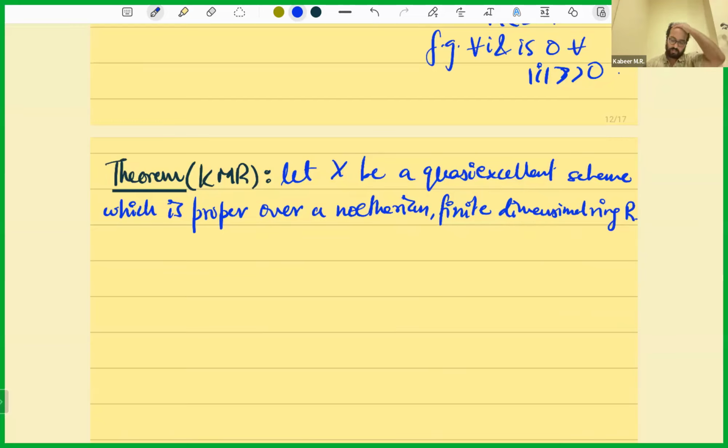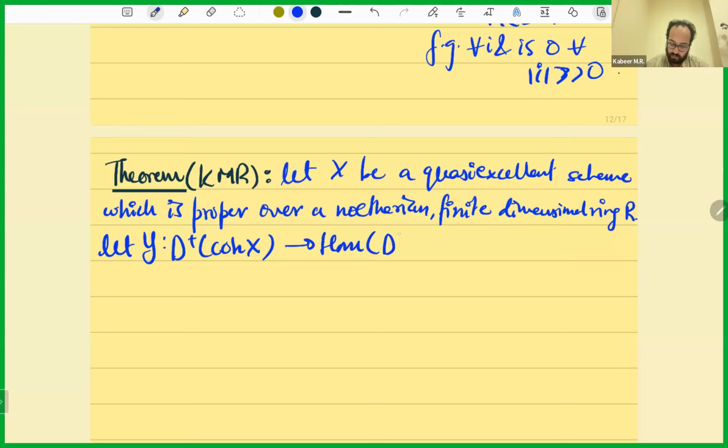Let X be again a quasi-excellent scheme which is proper over a Noetherian finite dimensional ring R. Let Y denote the restricted Yoneda functor from the bounded below derived category of coherent sheaves on X to cohomological functors on the bounded derived category of coherent sheaves.